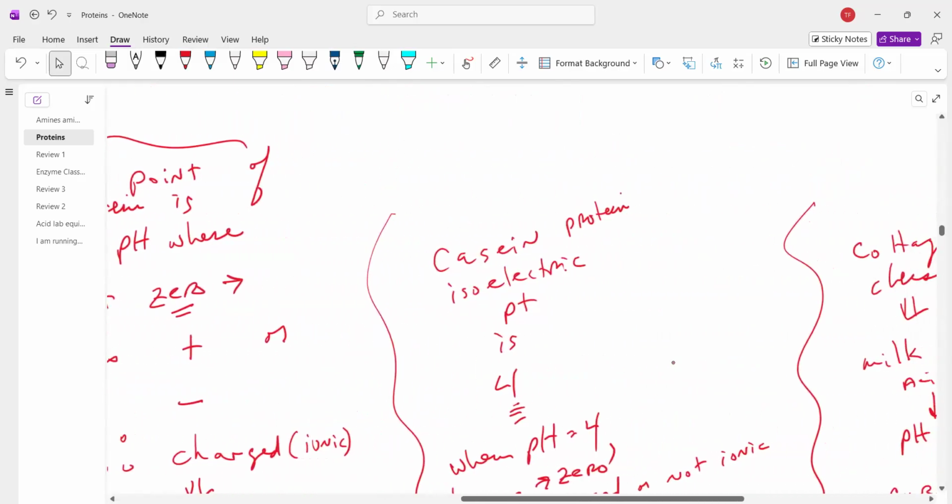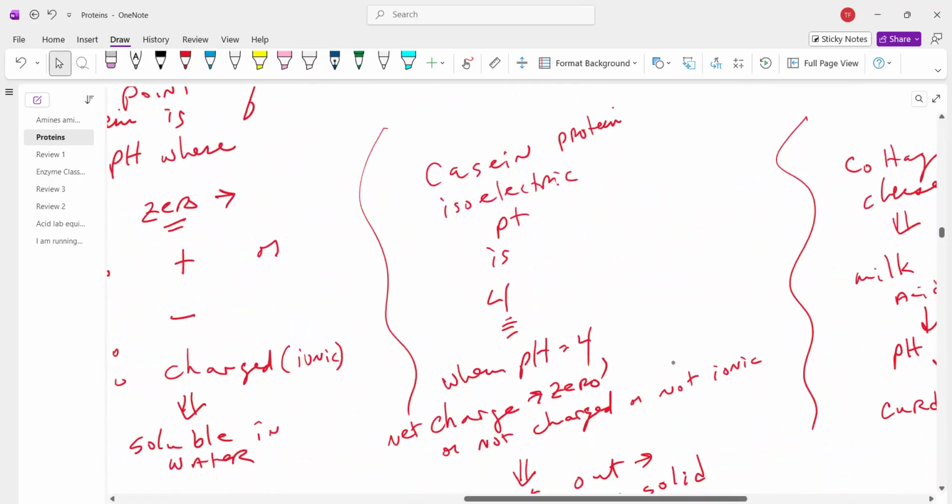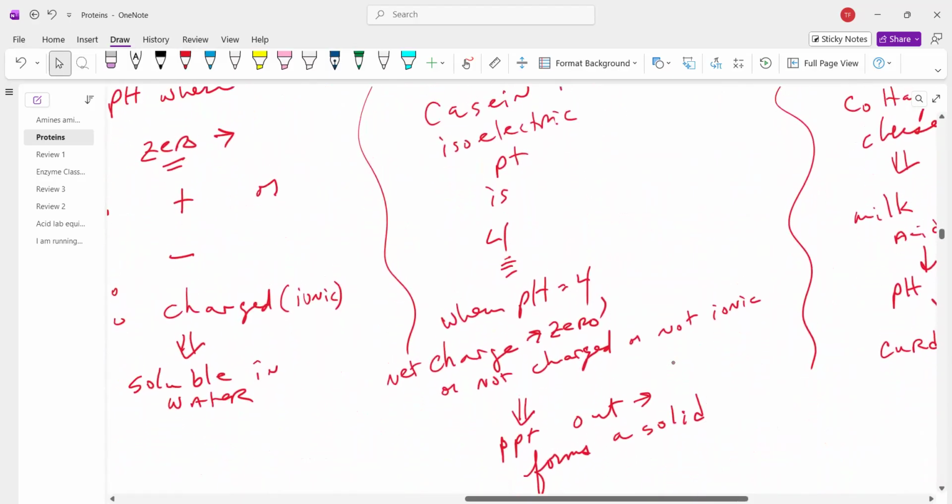Okay, first of all, casein protein is dissolved in a water bath inside the milk. And it's not precipitated out. It's not solidified. And that's because the isoelectric point of casein is around 4 to 4.5.